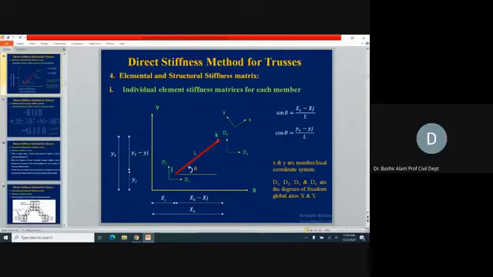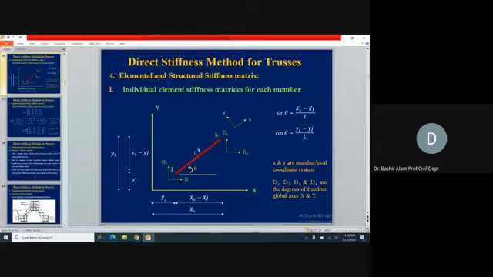In the element axis, or member axis, or local axis, this was the local X axis and this was the local Y axis of this member. The X axis was along the longitudinal axis of the member. And the local displacements at the J end were XM1 and YM1, and at this end XM2 and YM2.